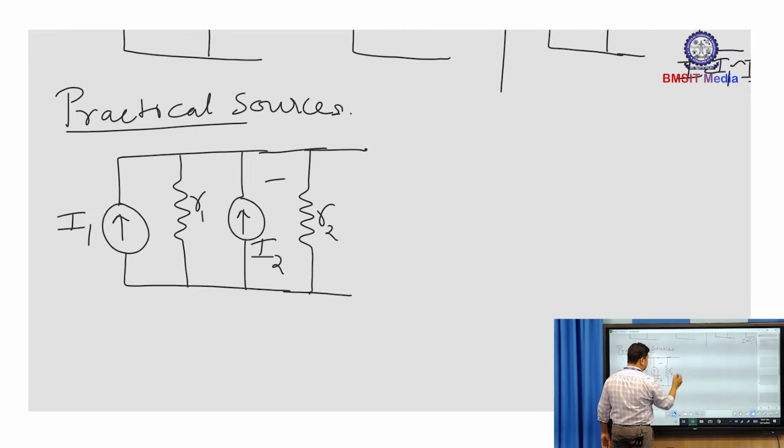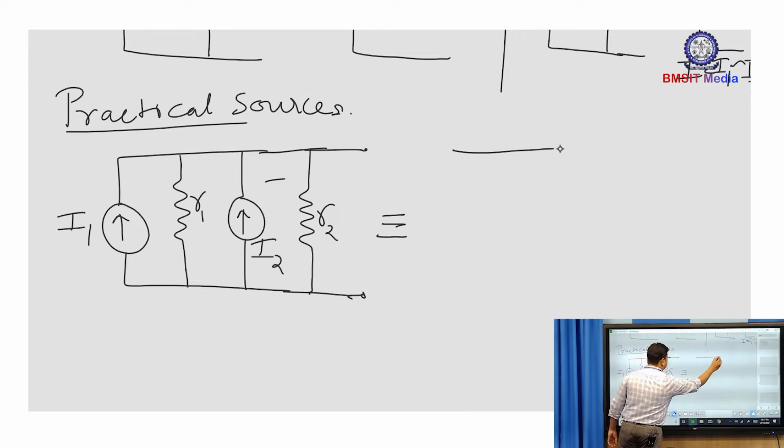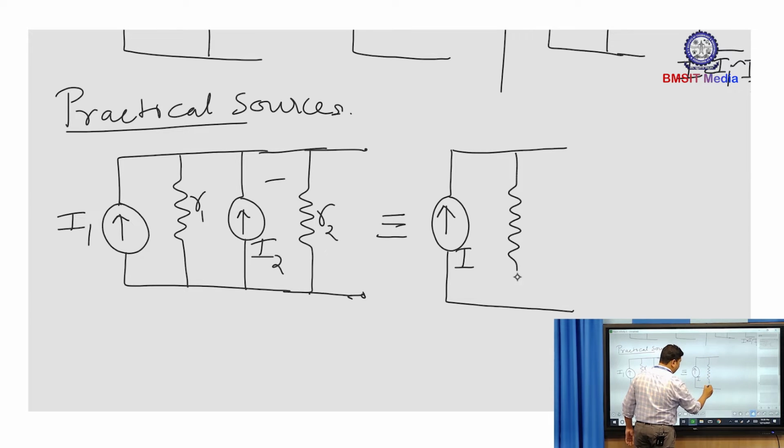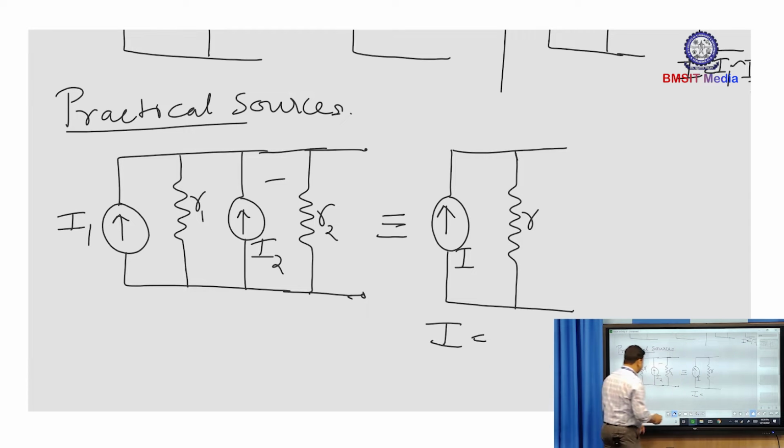So the resultant of this combination can be given as a single current source of the resultant current value, let it be represented with I, connected with a parallel resistance R across this source, such that the current value I equals, since both currents are in the same direction, I1 plus I2.